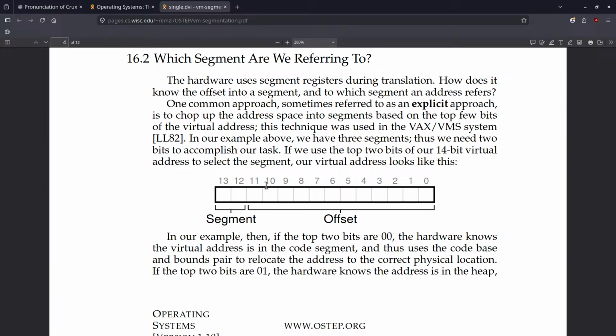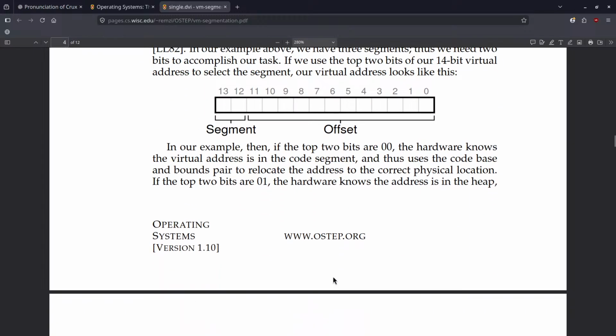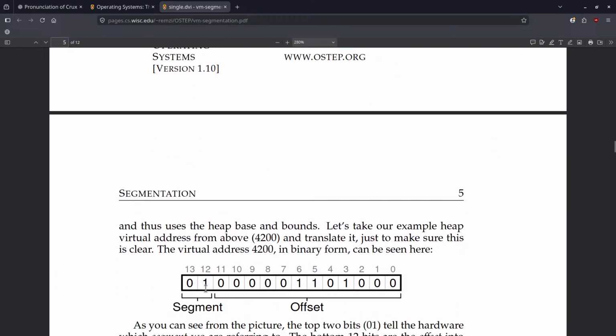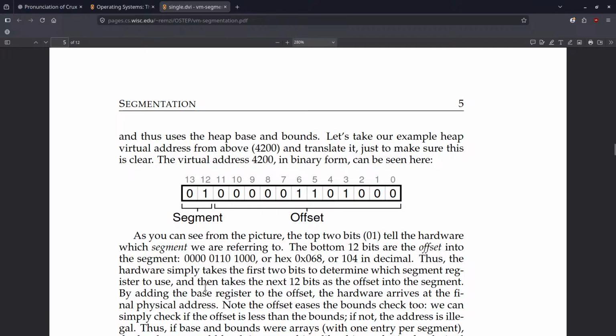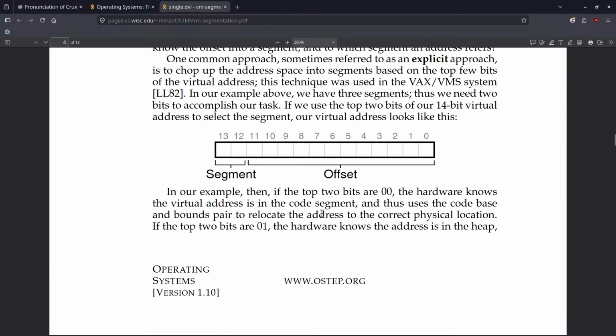In our example, if the top 2 bits are 00, the hardware knows it's a virtual address in the code segment.